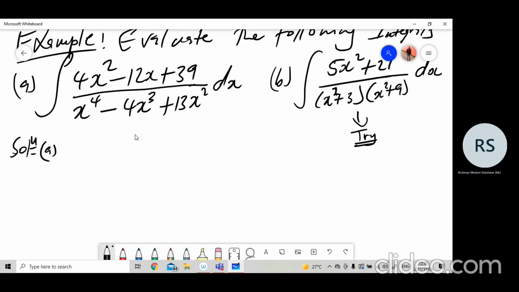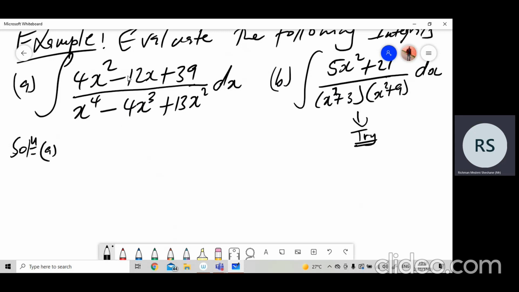You see, you don't have a standard integral for this, but now you understand: if you can take this expression into partial fractions, then you'll be able to just integrate each partial fraction, because the original looks complicated. You don't have a standard integral for this, okay?